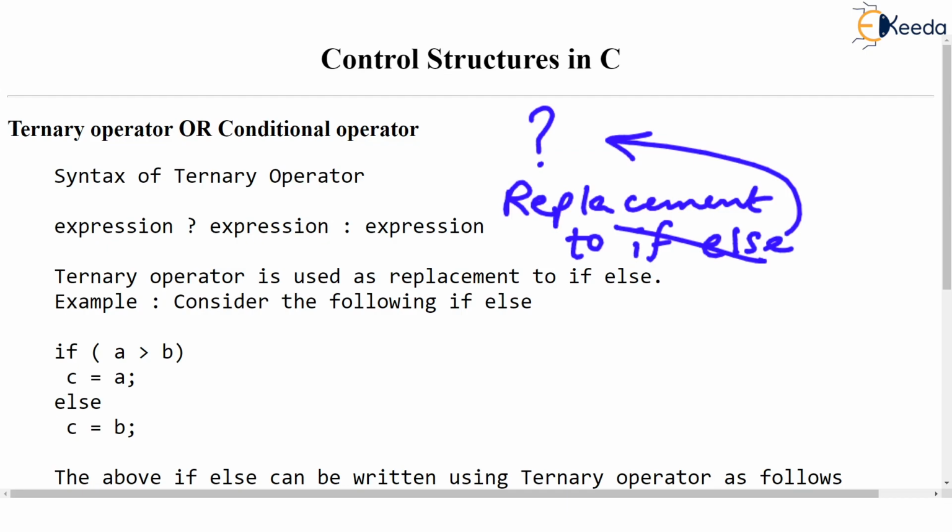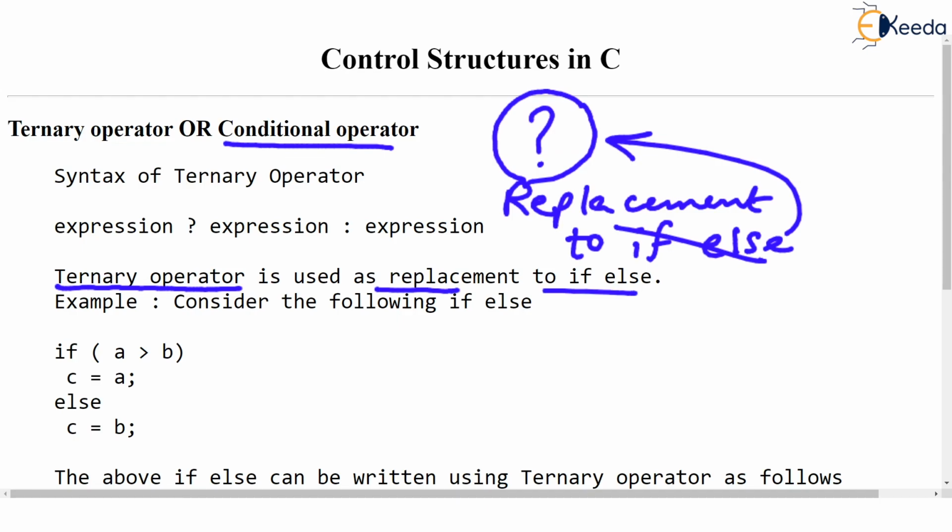The question mark operator can be used for checking conditions, just as an if statement checks the condition and either executes the if portion or the else portion, depending on whether the condition is true or false. That's why it is known as the conditional operator. Clearly observe, I have written here, ternary operator is used as replacement to if else.